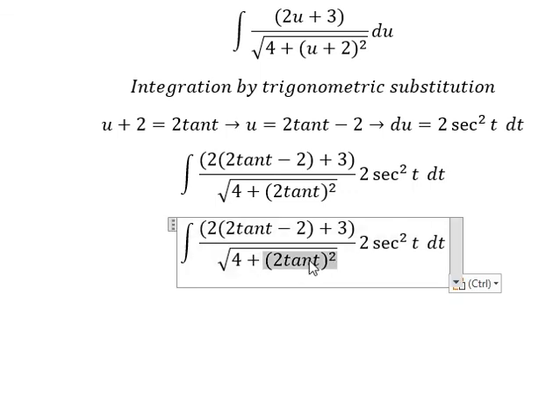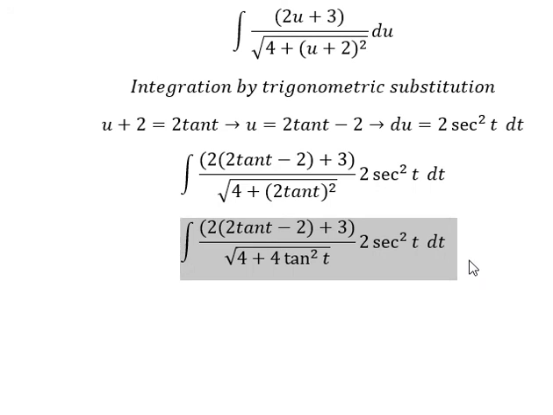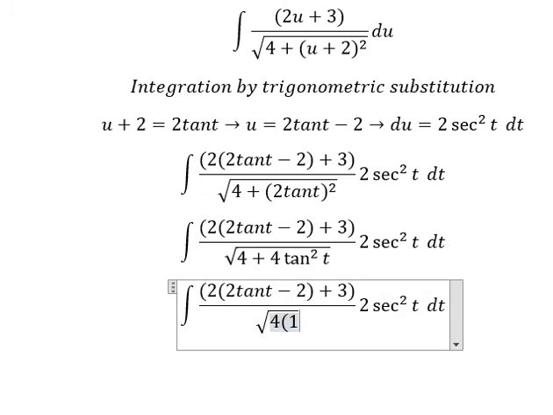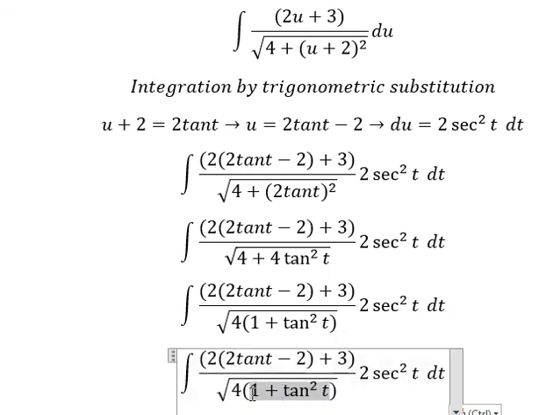So this one we have 4 tan t square. Number 4, we can do factorization. And this one we change to secant of t square.